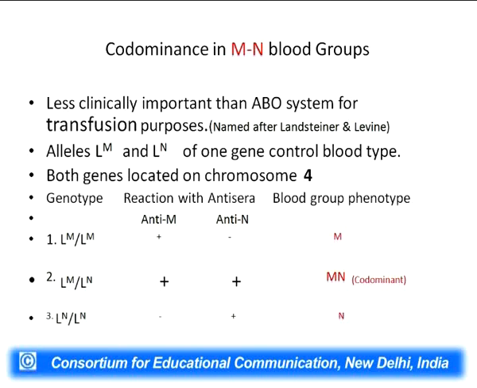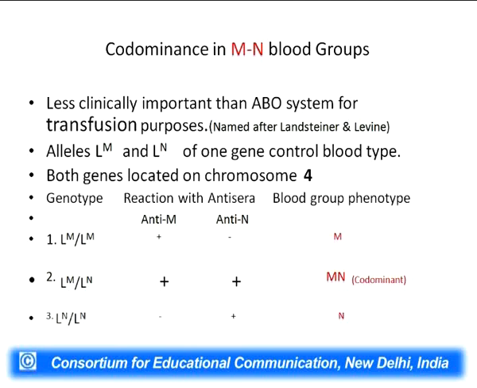Both the genes are located on chromosome number 4, and you cannot transfuse the M blood into an N, just like the relationships in the A, B and O group. For example, if the genotype is LM LM homozygous, then it would have an anti-N antibody.